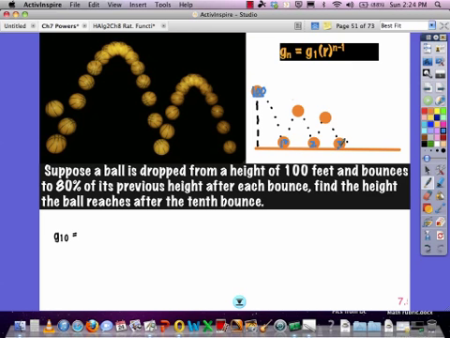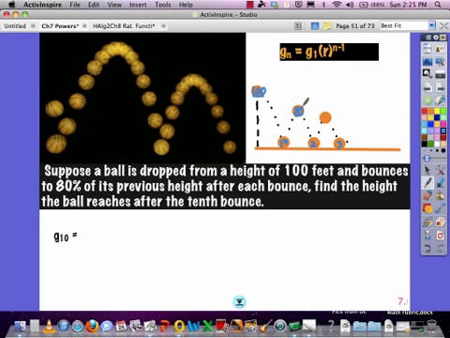So read carefully, and it says bounces to 80% of its previous height. So yes, 80% of 100, so you know that the next one was a height of 80. But look at what they want us to find the sequence of. After each bounce, find the height the ball reaches after the 10th bounce.